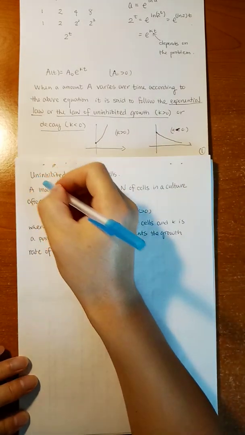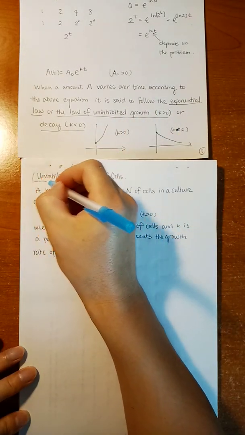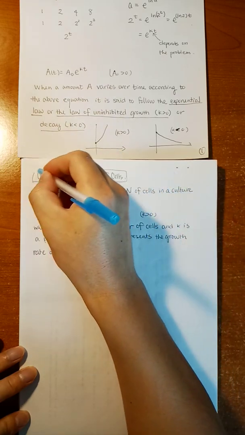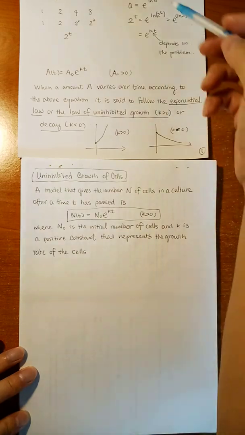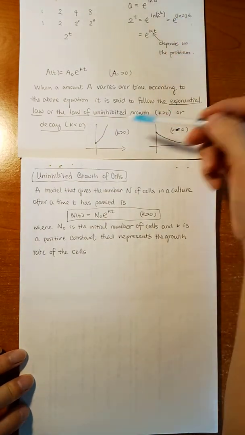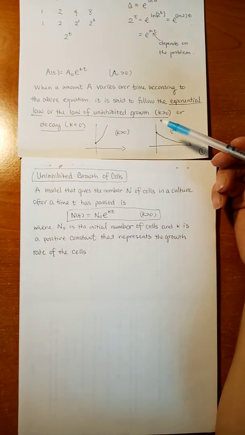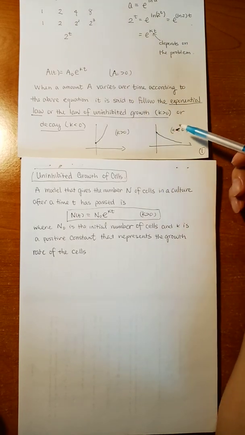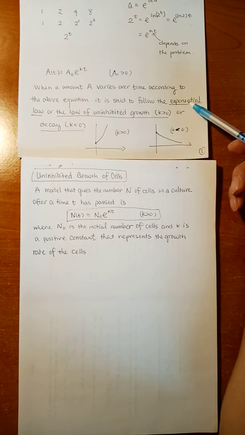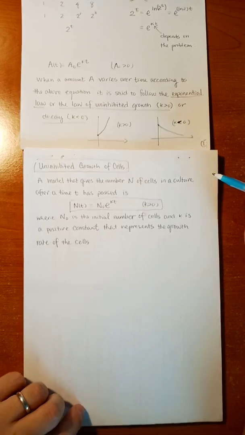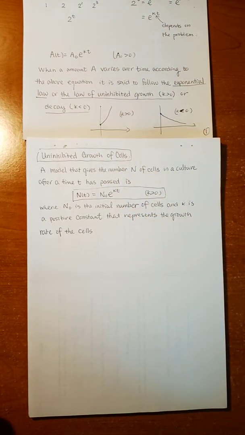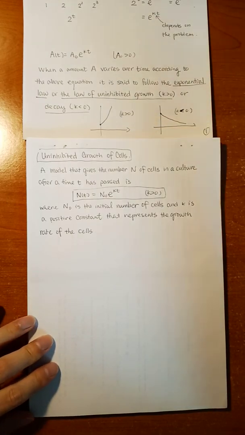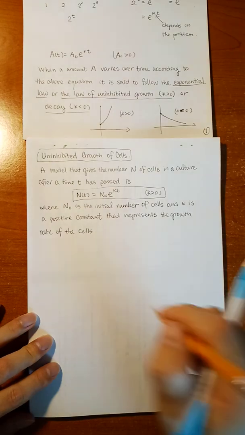Okay, so this is an uninhibited growth of cells. Uninhibited growth of cells is just this process, and it's one of the cases from the exponential law. Okay, so we have this formula. Keep this formula in mind. Let's do examples. After examples, you may understand it better.